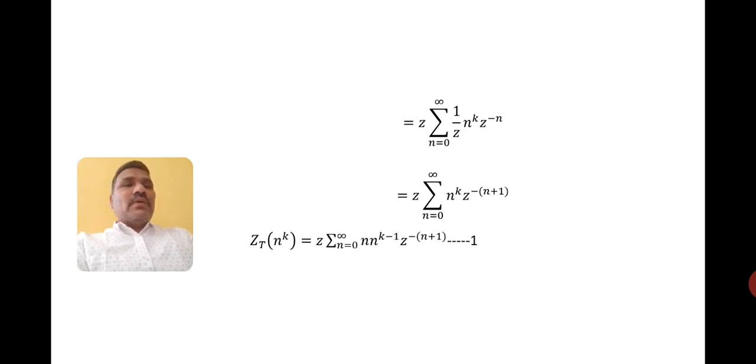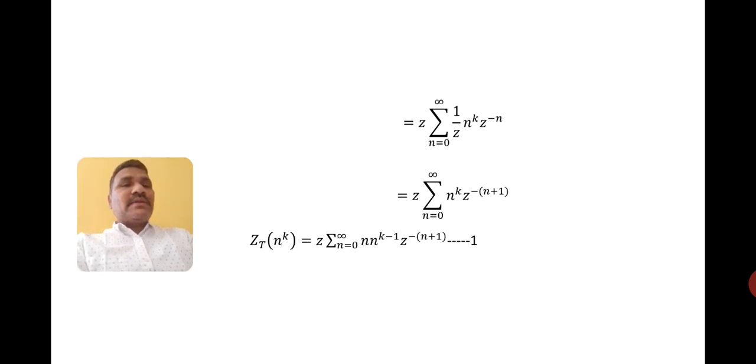Now you can see what I am doing here. Outside z, it is summation n runs from 0 to infinity. I am going to make some manipulation in terms of n. So I am multiplying by n and dividing by n.